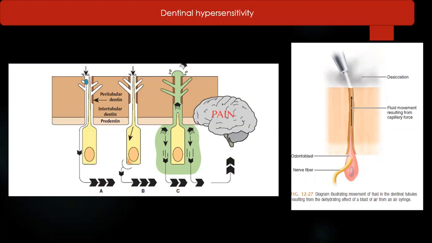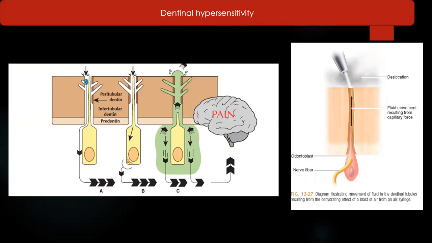This rapid fluid movement activates the A delta fibers and leads to a sensitivity kind of pain. Whenever we blow a strong air, or there is dehydration or desiccation, that activates the A delta fibers and induces a short, momentary pain that leads to sensitivity.